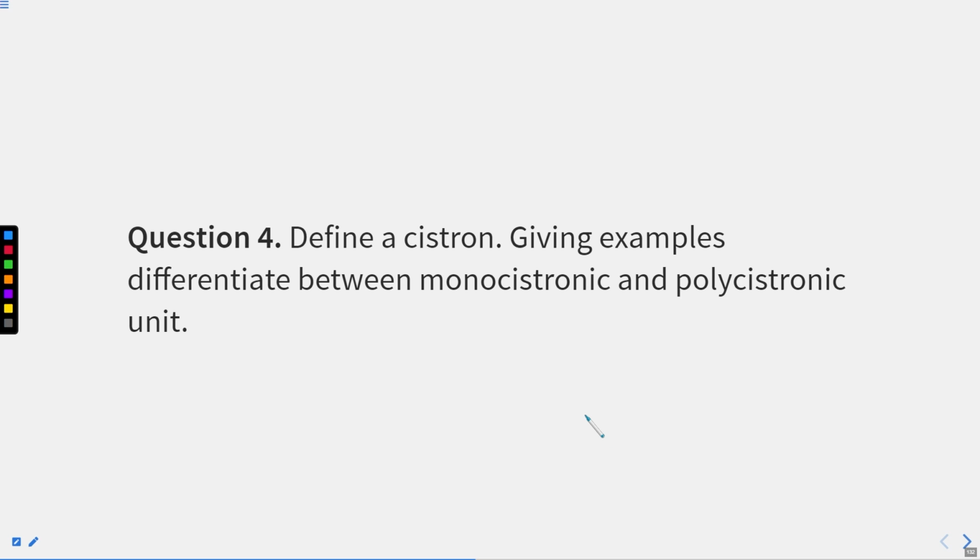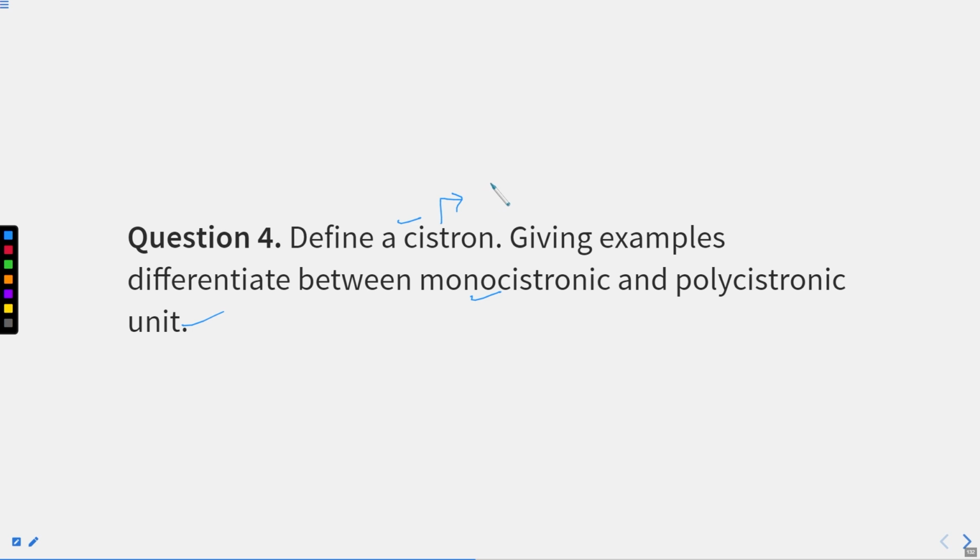Now let's talk about question number 4. Here you have to define a cistron and then give examples differentiating between monocistronic and polycistronic units. Now, what is a cistron? A cistron is an RNA or DNA sequence that codes for a particular polypeptide. So what is a cistron?